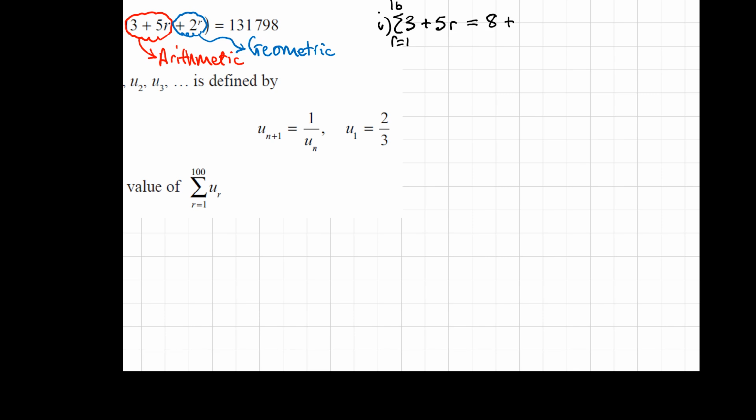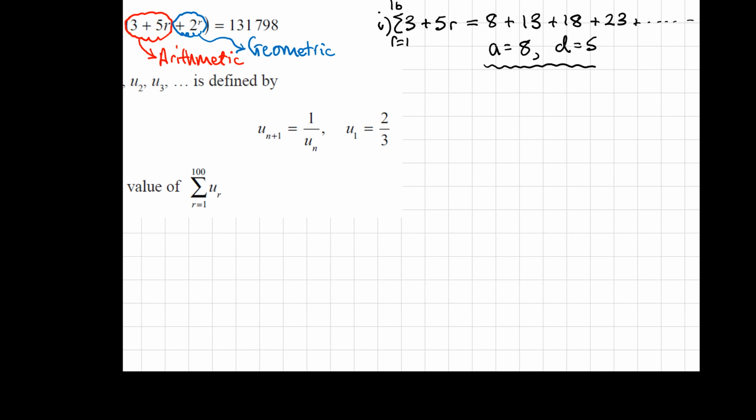Second term, 3 plus 5 times 2, 13. Then 3 plus 5 times 3, 18, and then 23 and so on. I can see that this is arithmetic with a first term of 8 and a common difference of 5.